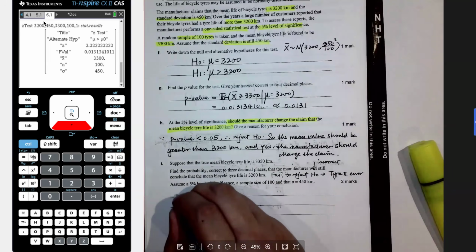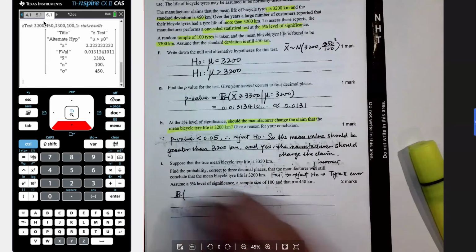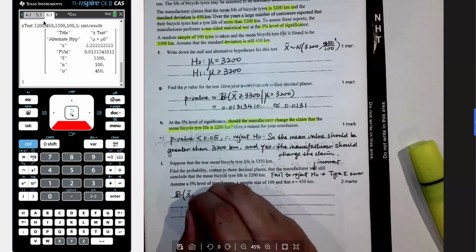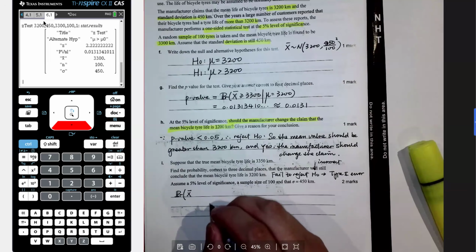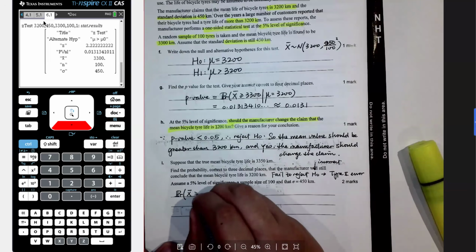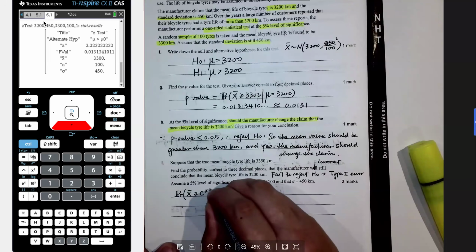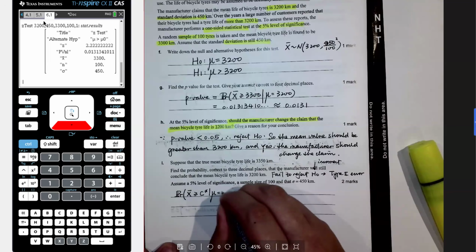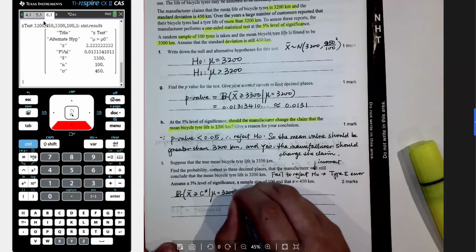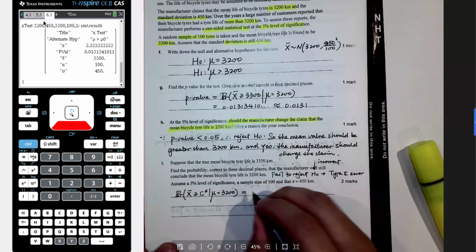Okay, so we would like to find first, under the old assumption, the sample mean greater than or equal to C star under the old mean, the critical value on the right, okay?